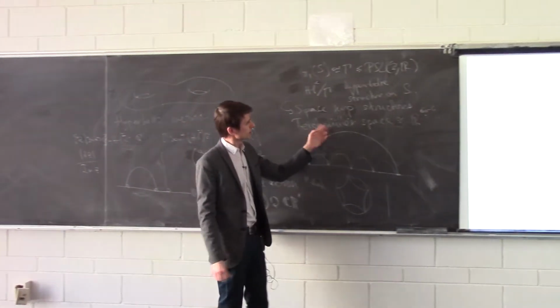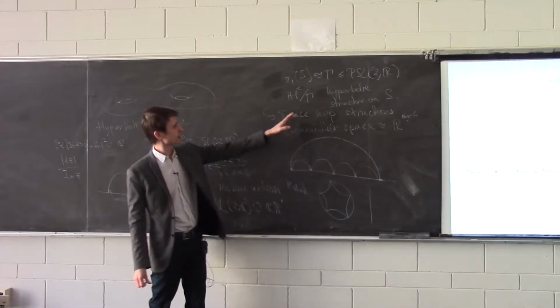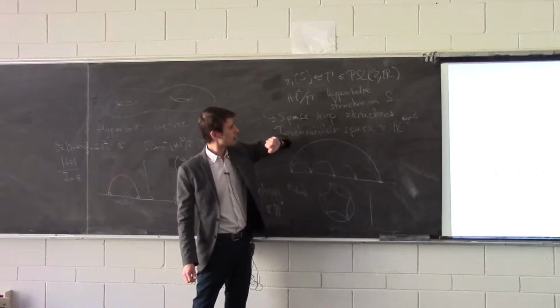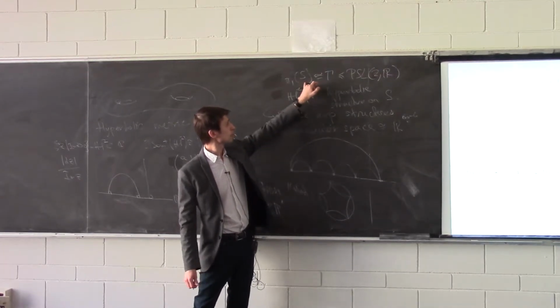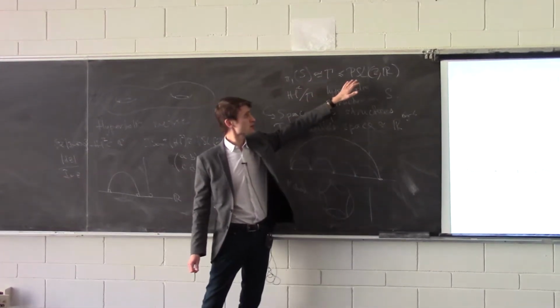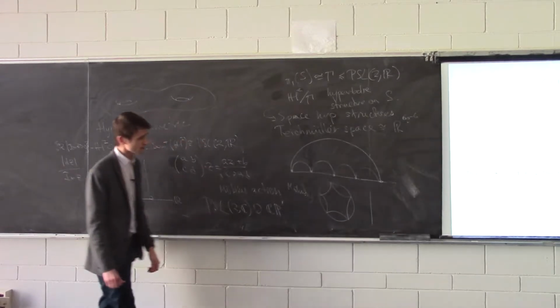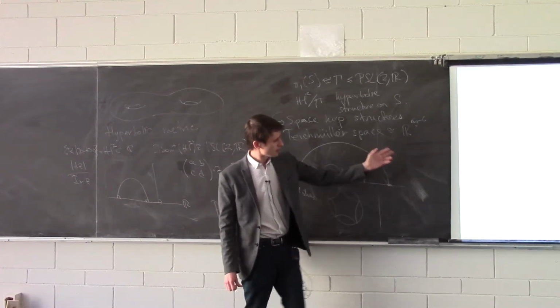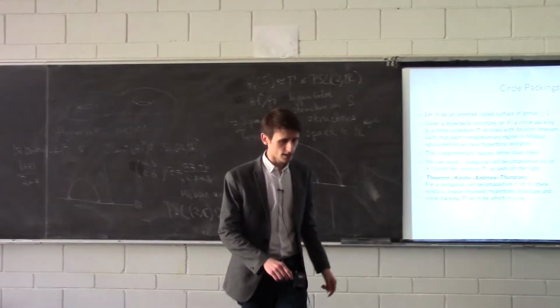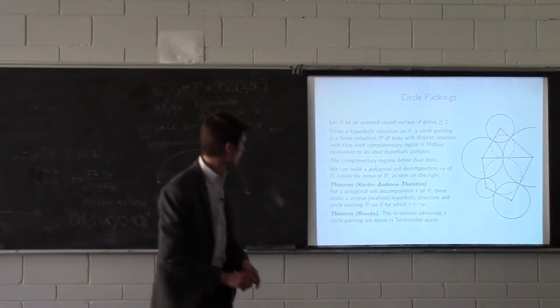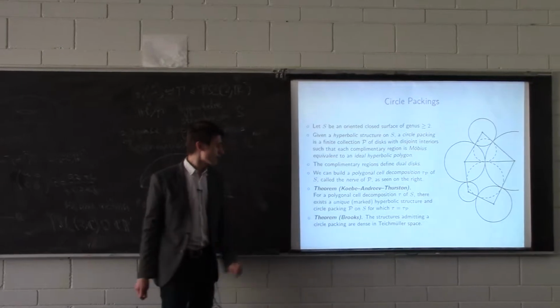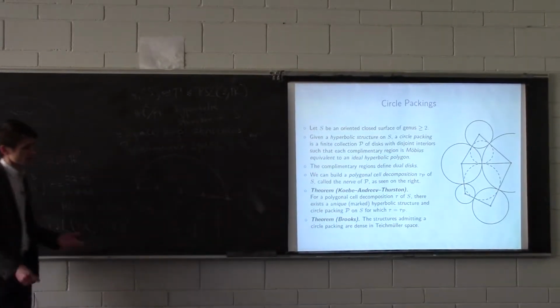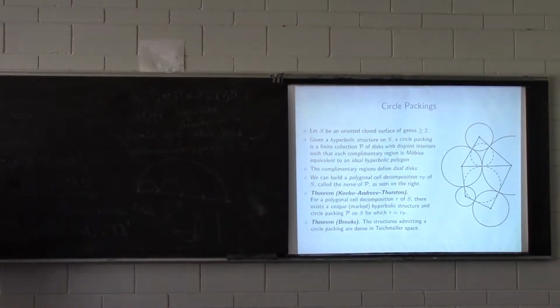And here I'm talking about marked structures, so think about taking all Gammas that are isomorphic to pi 1, up to conjugation by PSL(2,R). Think of that space. And here we only have a countable set, so one cool thing is a theorem of Brooks that says the structures that admit a circle packing are actually dense in Teichmüller space. So it's kind of a neat little fact.